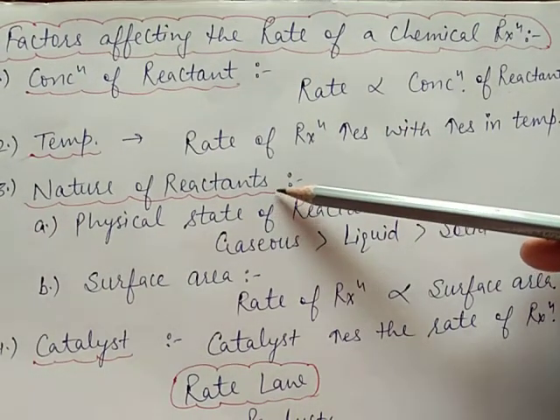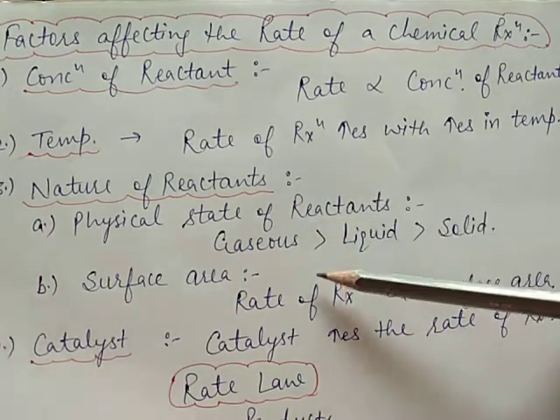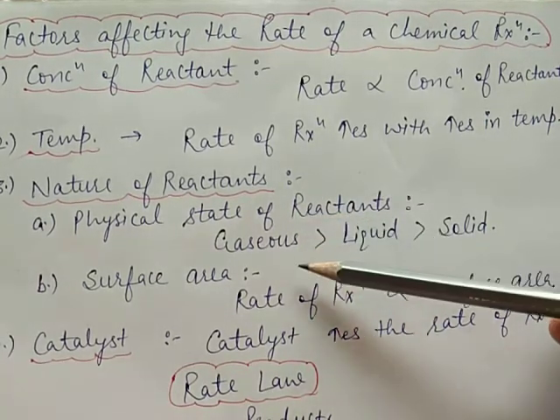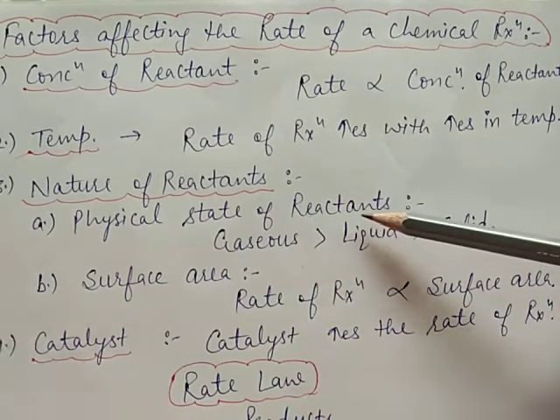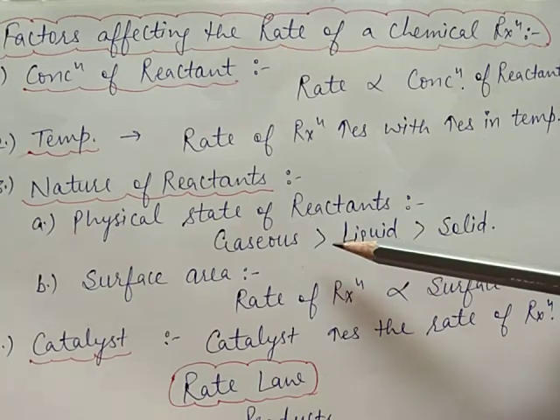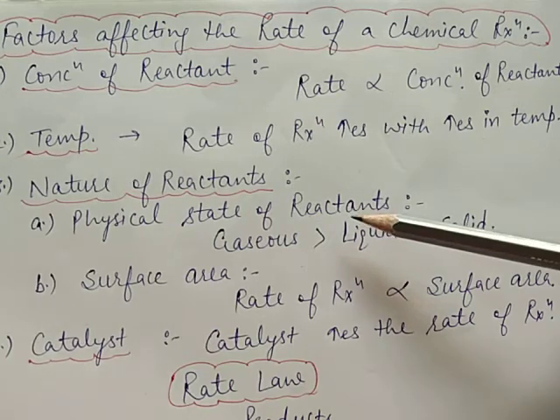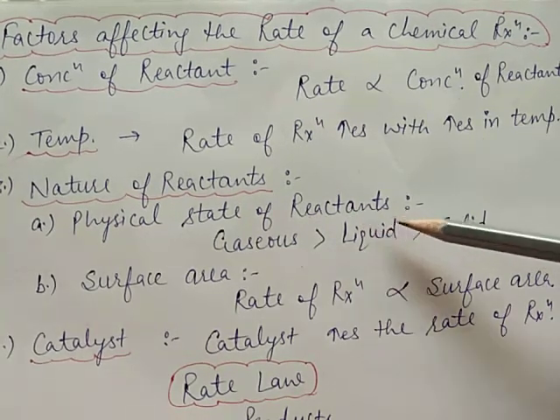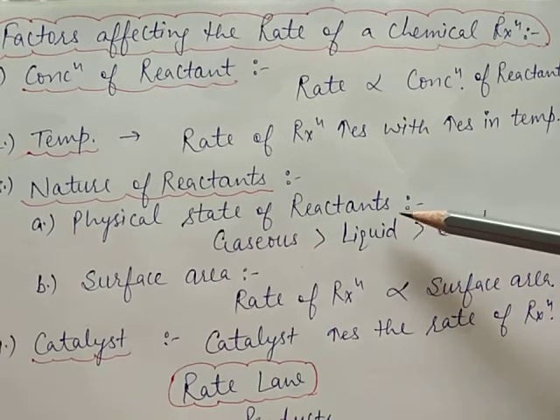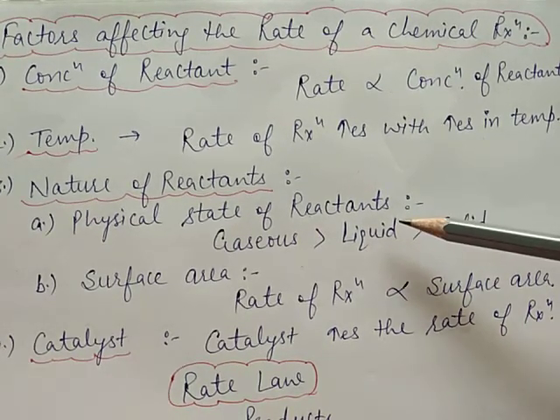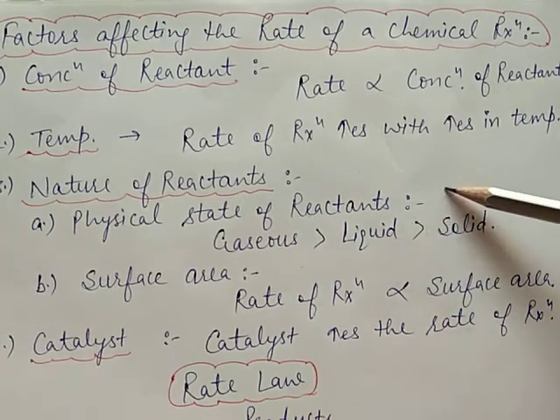Third, nature of reactants. In nature of reactant, there are 2 points: physical state of reactant and surface area. First is physical state of reactant. It means ionic substances react more rapidly as compared to substances with covalent bonds, because ions are immediately available in aqueous solution on dissociation and react rapidly.